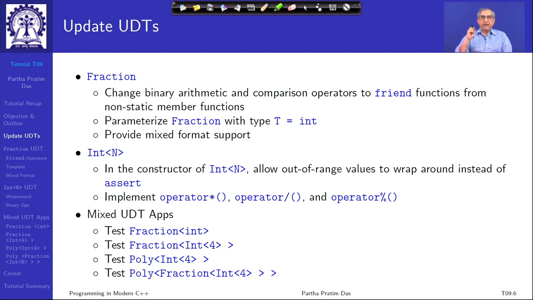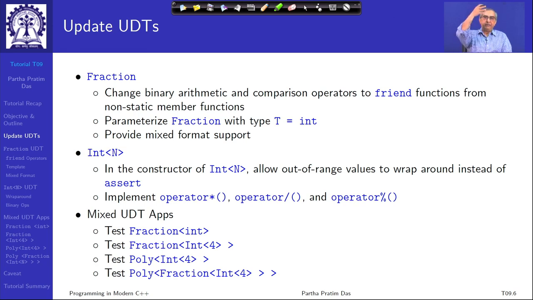The second set of update agenda comprises the limited size integer, where in the constructor, if an integer was out of bound so far as the n number of bits are concerned, then we simply did an assert and stopped the program. But that is not what actually happens with int. In int, it actually wraps around, right.